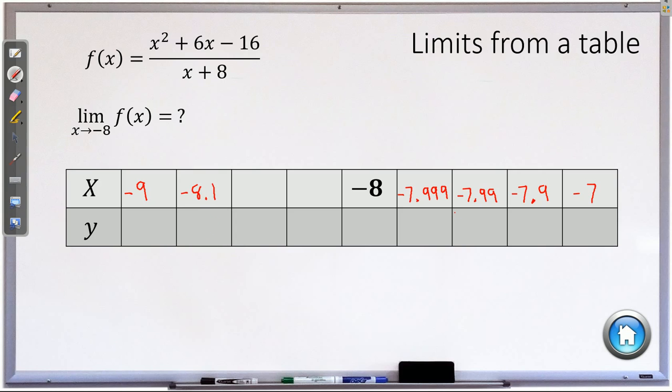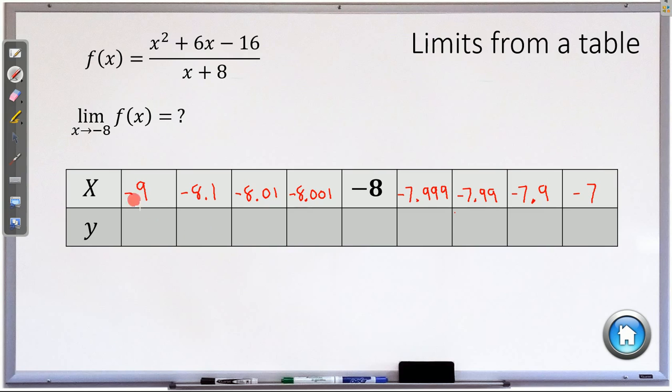That is just barely smaller than negative 8. But get closer: negative 8.01. Get even closer: negative 8.001 is right next to negative 8.